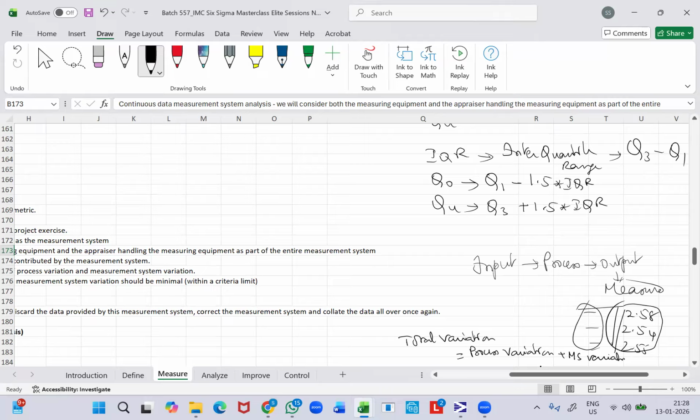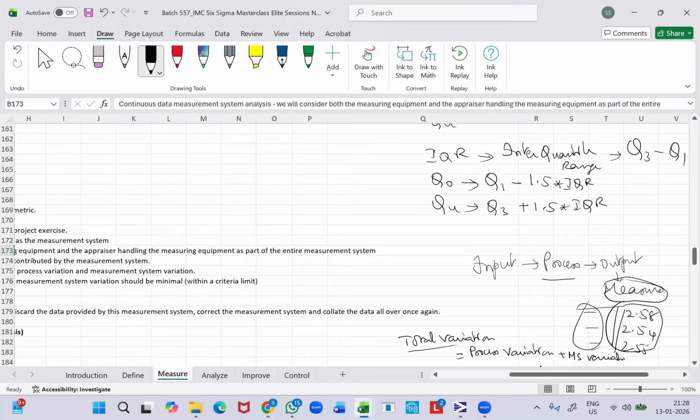When we actually measure the output, whatever values we get, the differences in the measurement values are the variation in the final data set, and that will be my total variation. So total variation can be split as a combination of process variation as well as measurement system variation.